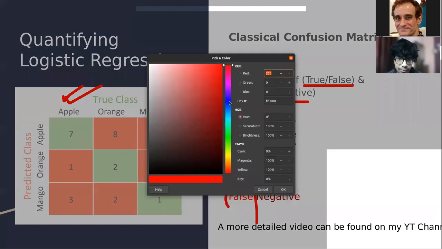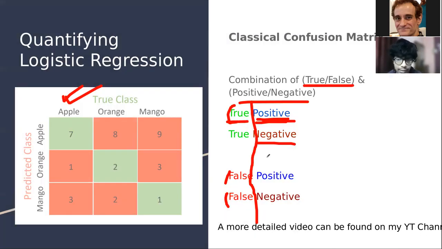Please listen very carefully, and you will always remember it for the rest of your life. I have never forgotten this. This part is the outcome predicted by the model, and this part is the adjective. It describes whether or not the outcome predicted by the model is true or false.